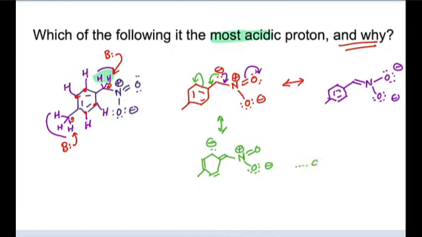Okay, and more. So because we can draw so many different resonance forms, again, that's why one of these 2 protons is the most likely to be abstracted and are the most acidic.